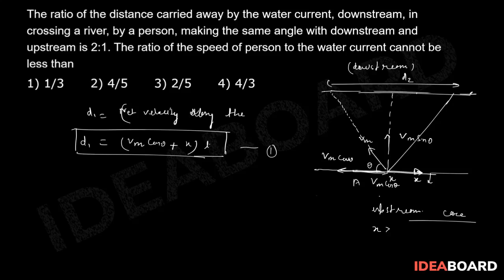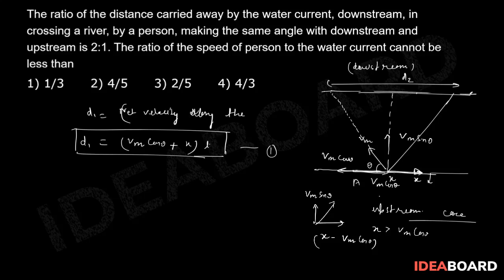That's why it is going along this direction, because the final velocity will be x minus Vm cos theta, and obviously the perpendicular velocity is Vm sin theta.